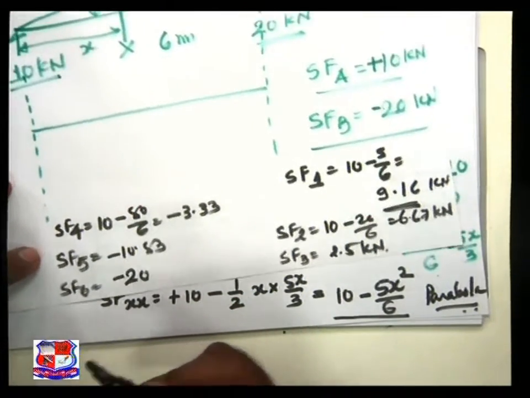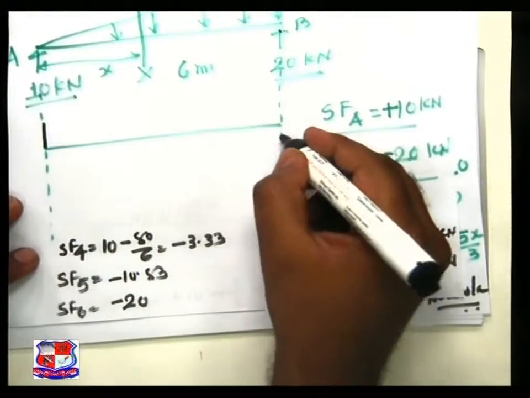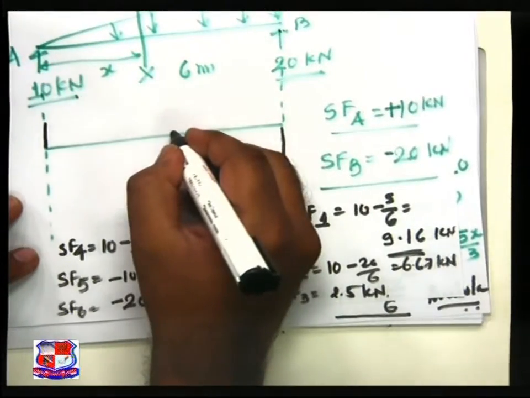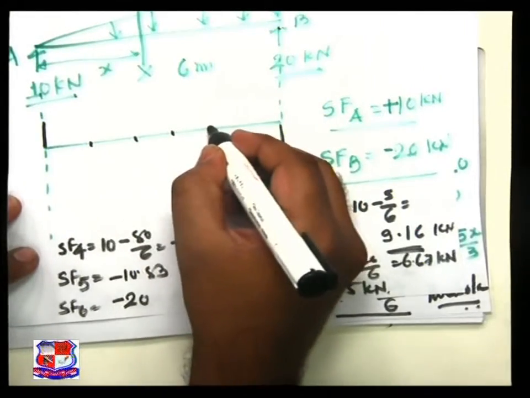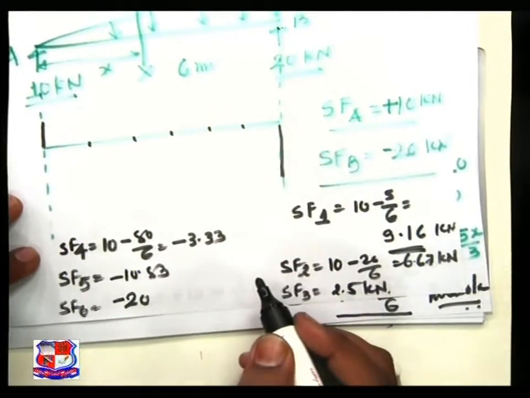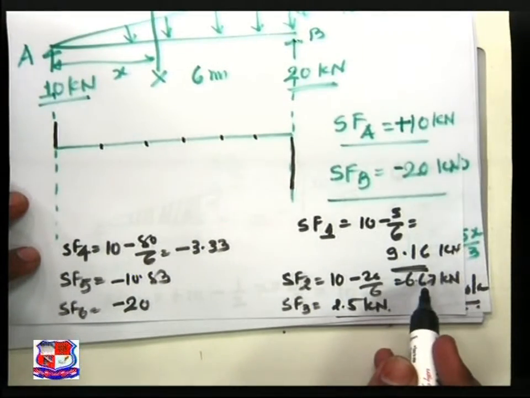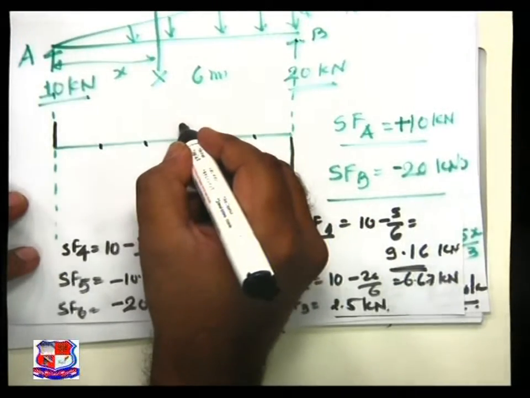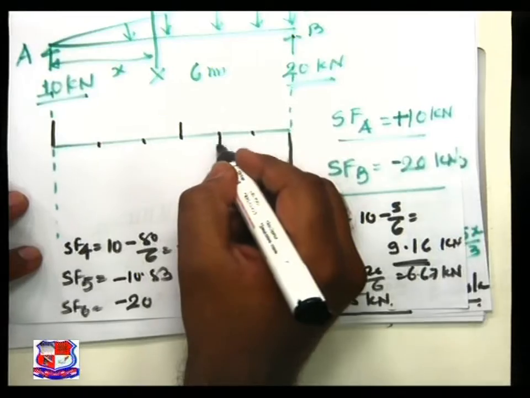So by joining all the points, this is the 10, this value is 20, this is the central third meter, 1 2 3 4 5 and 6, and let us put the ordinate values 9.16, 6.67, 2.5. So here the central ordinate is 2.5, and then it goes to the minus sign.